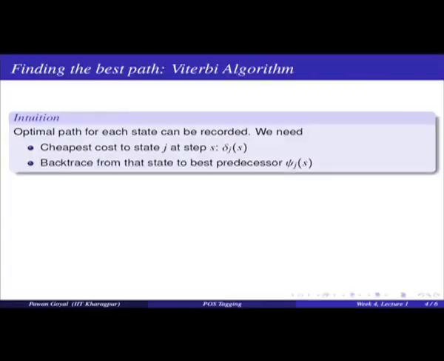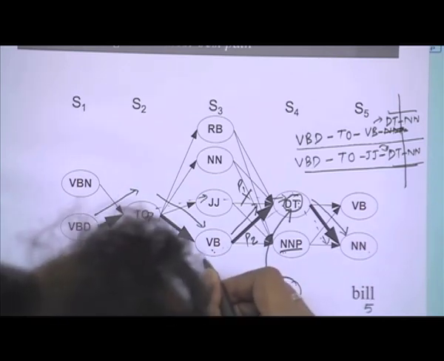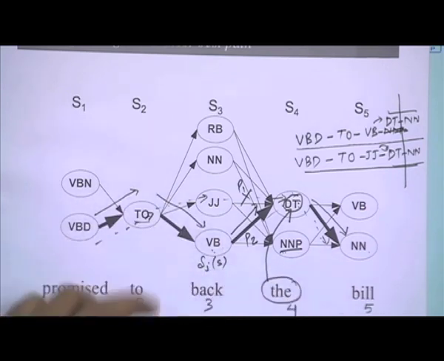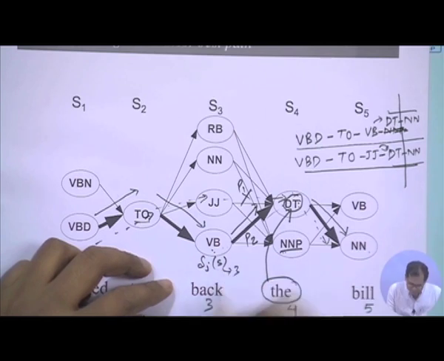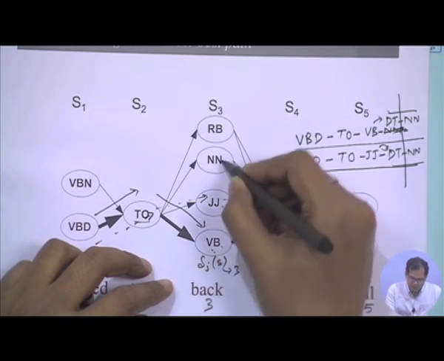So this I am doing at any step s for state j. How do I use that to compute the next step? Let us again look at it. Suppose I have stored delta j s. Here s is 3 and j is my state. It can be VB, JJ, NN and RB.